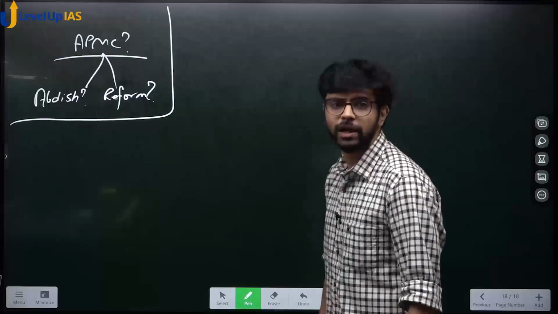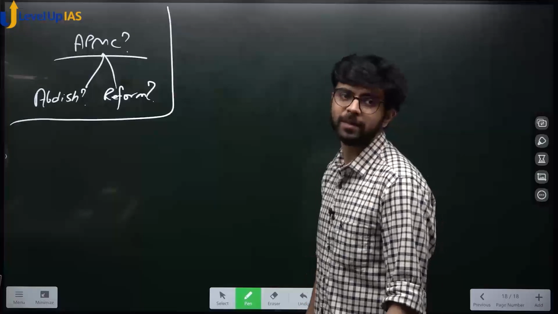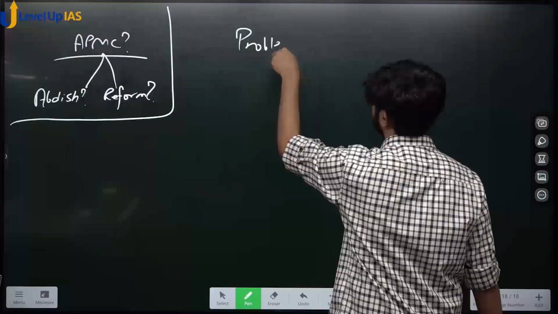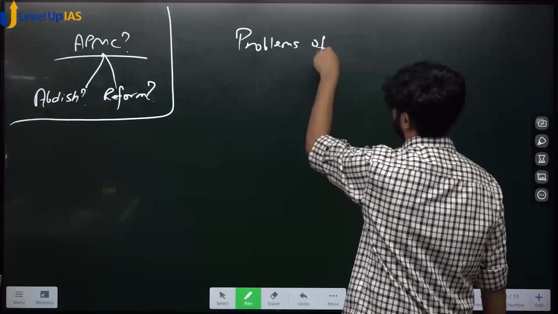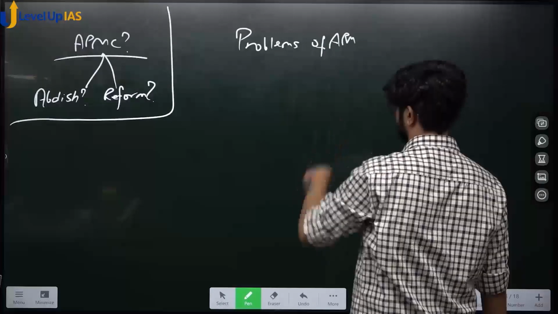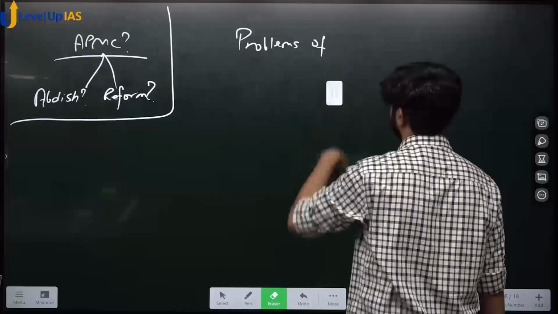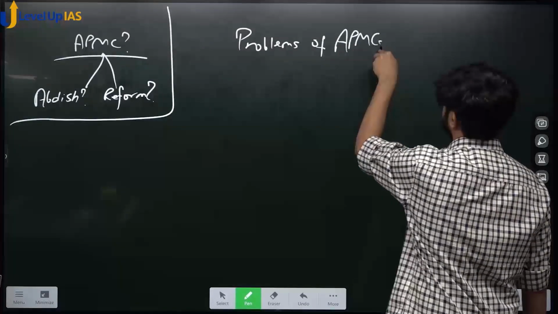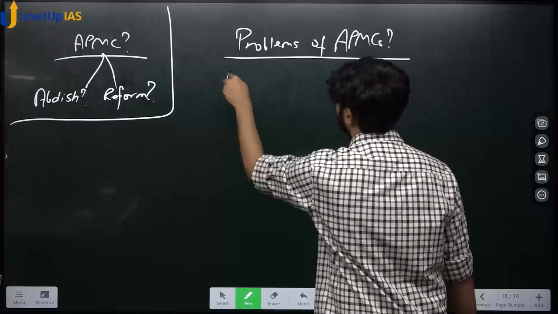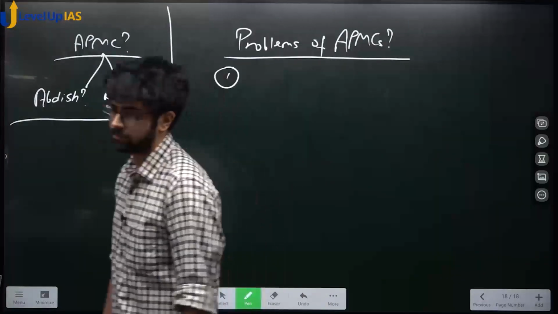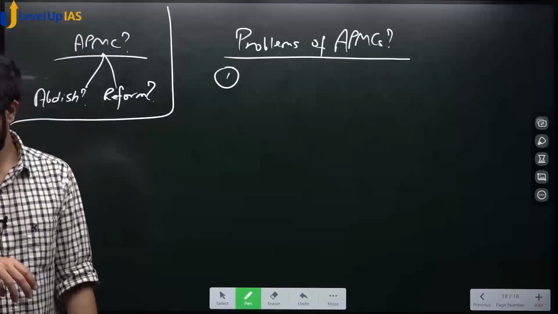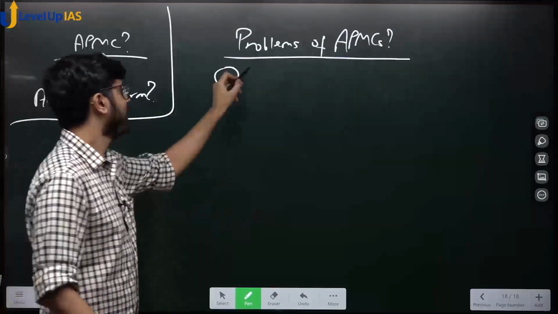So, you tell me what are the problems with market committees, APMCs. What are the problems? First problem, license barriers. I'll tell you how.